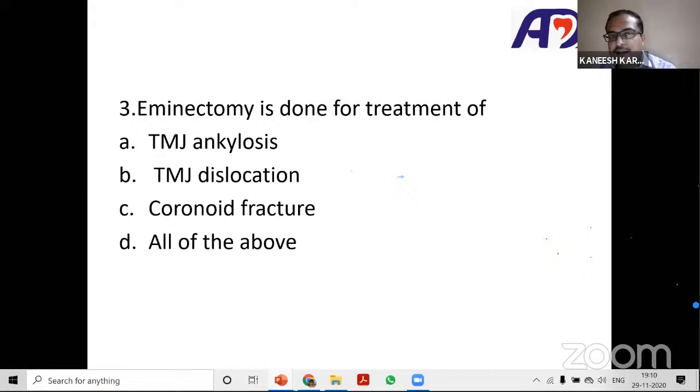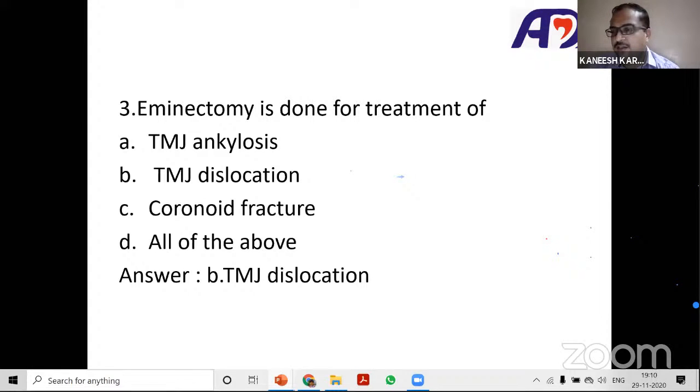So eminectomy is done for the treatment of... no. It is not done for the coronoid fracture. It is done for TMJ dislocation. Same way we saw, no?